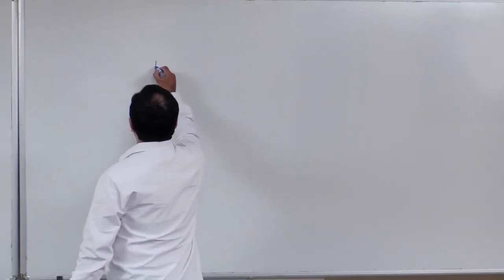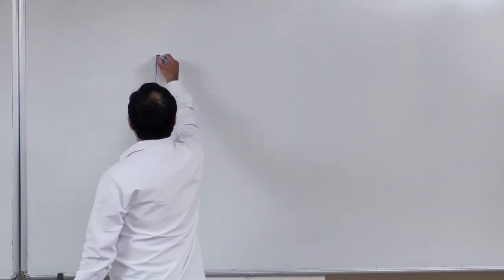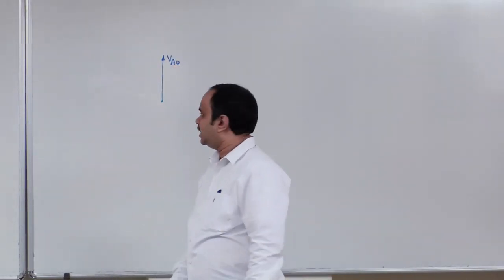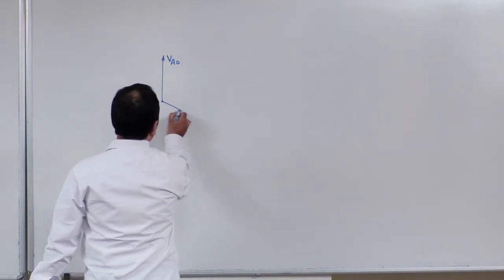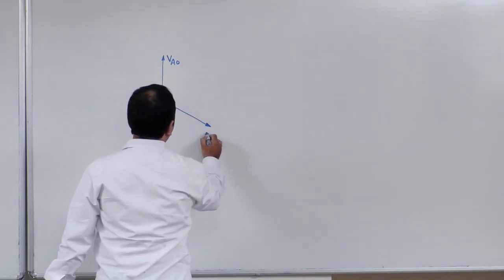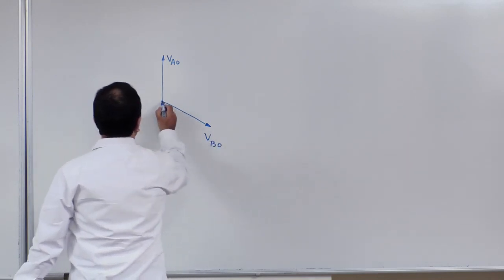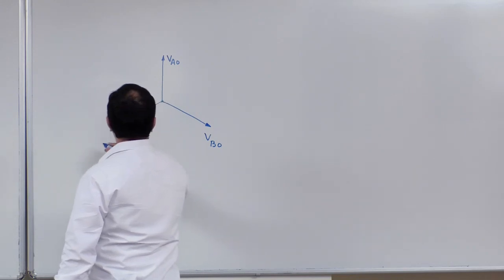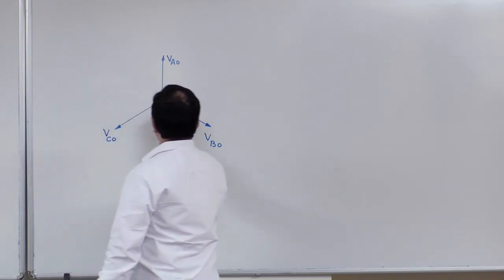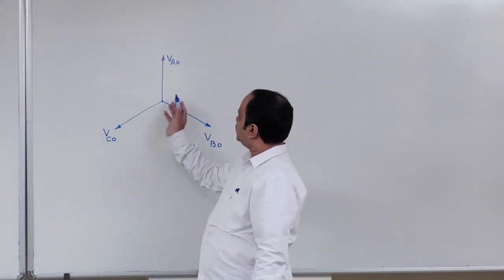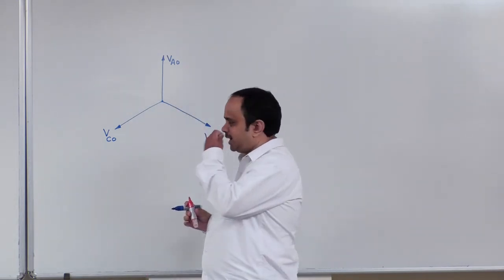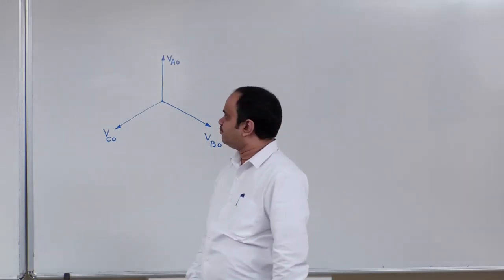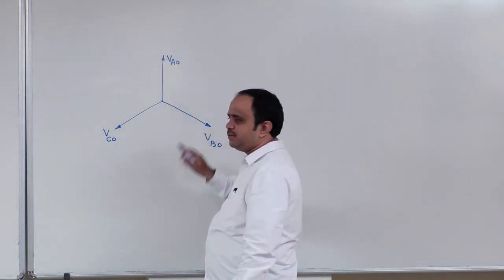So, what is that phasor diagram notation? Let us take this VAO phasor as a reference, and VBO lags VAO by 120 degree, and VCO lags VAO by 240 degree in this way, or VCO leads VAO by 120 degree. Either way you will get it. Now what is the VAB definition? VAO minus VBO.